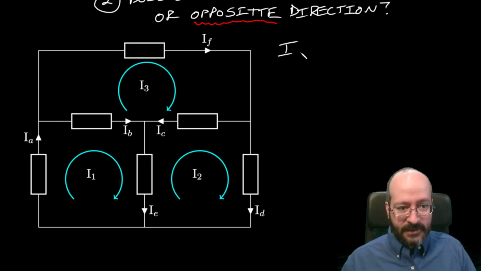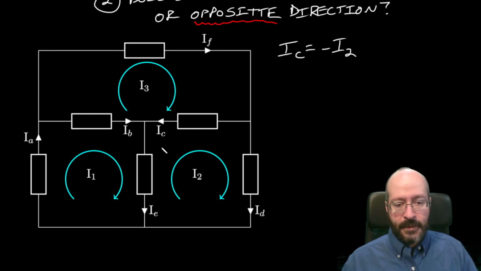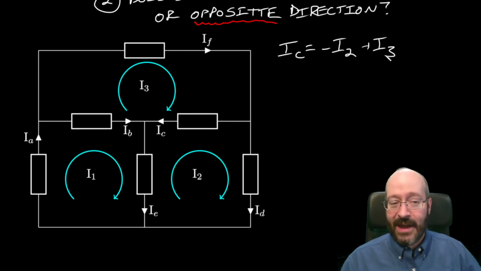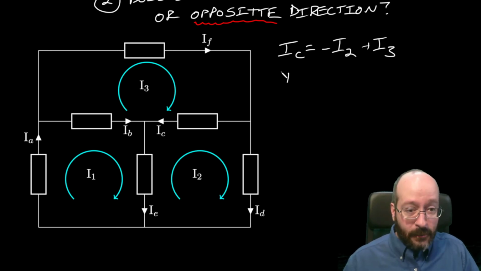We can say IC is equal to... There's IC. I1 doesn't touch it. I2 does, and flows in the opposite direction. I3 touches it and flows in the same direction. Done. So not only can you now write the KCLs, but you can write them quickly and accurately. And that's what we're going for.